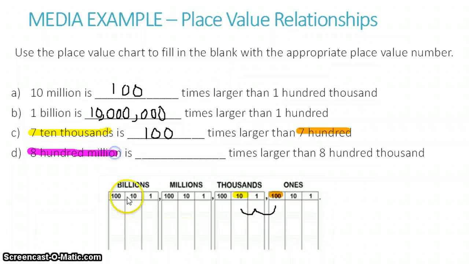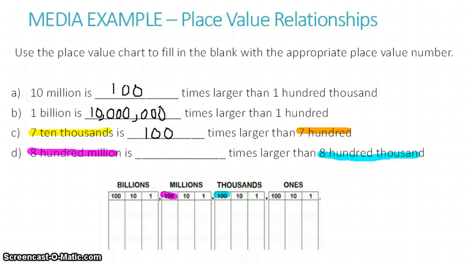800 million. So here's our 100 millions column. So we have 800 millions. We want to compare that to 800 thousands. And here's the 100 thousands column. So again, notice both of the numbers are 8.